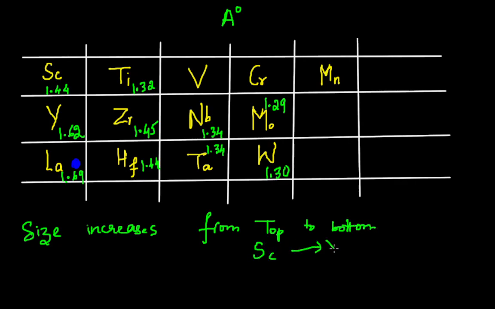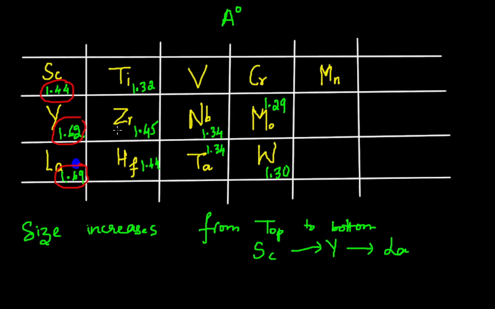So from scandium to yttrium, yttrium to lanthanum, there is of course a marked increase: 1.44, 1.46 and 1.69. Now what is very abnormal here is 1.32, 1.45, again 1.44. What happened? Magic. See again, 1.34, 1.34, 1.29, 1.30. So the normal size increase disappears after the lanthanides.